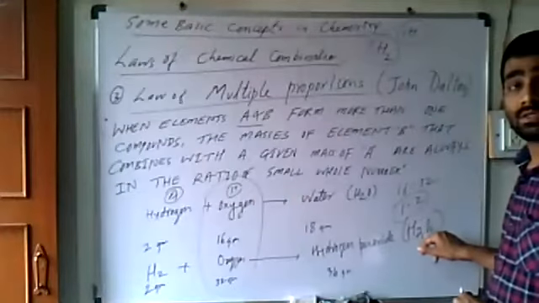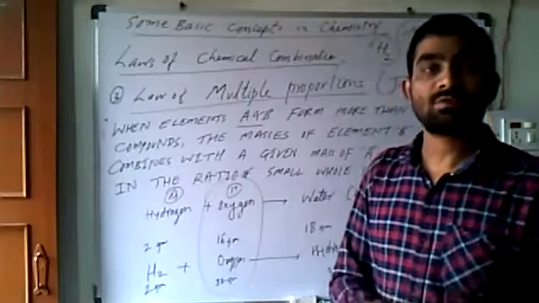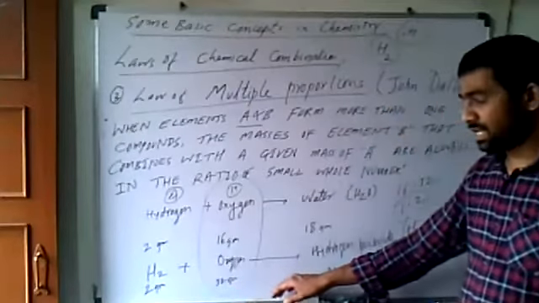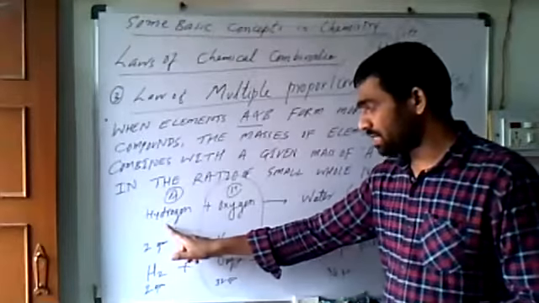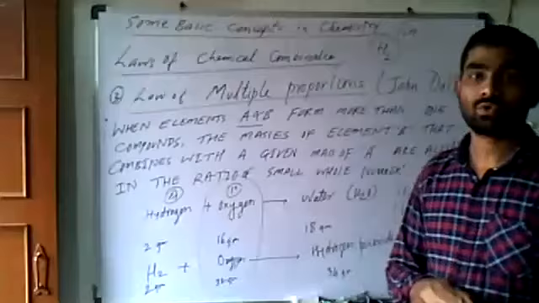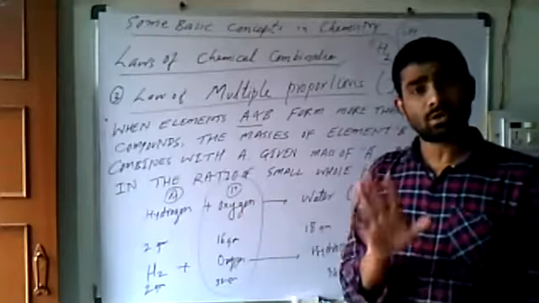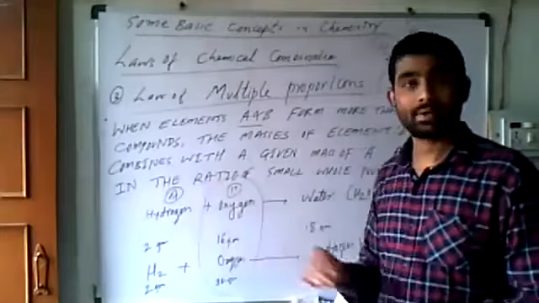There are two oxygens, one oxygen mass is 16, so two oxygen mass is 32, so we have taken 32 grams. So you see here the mass of hydrogen is 2, and here the mass of hydrogen is 2. So the given mass of A, that is hydrogen, is constant, 2 in both reactions.